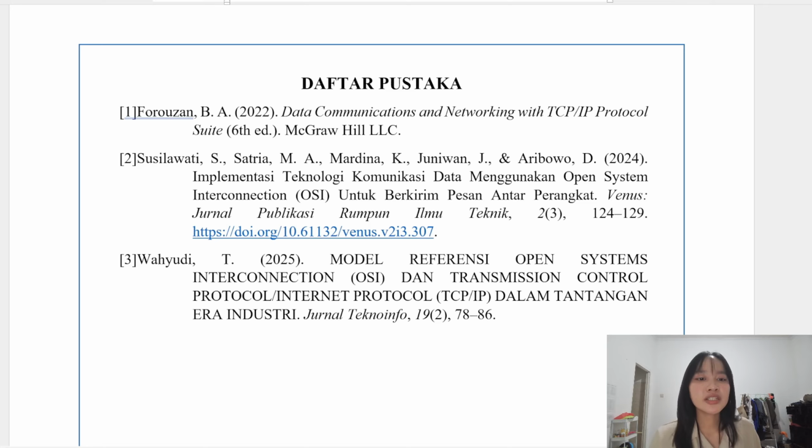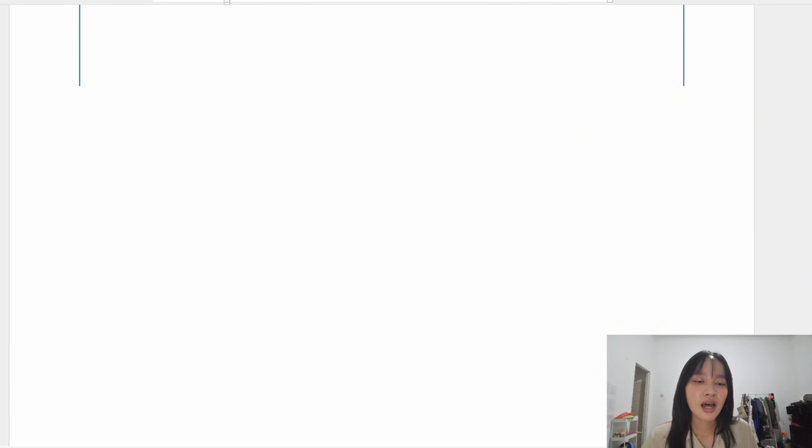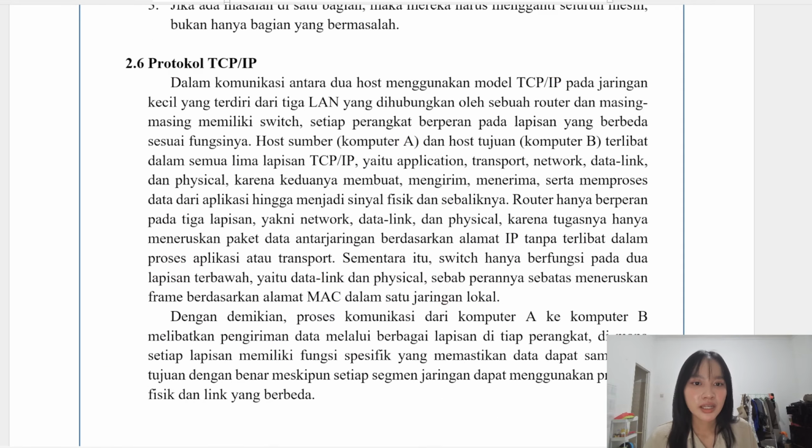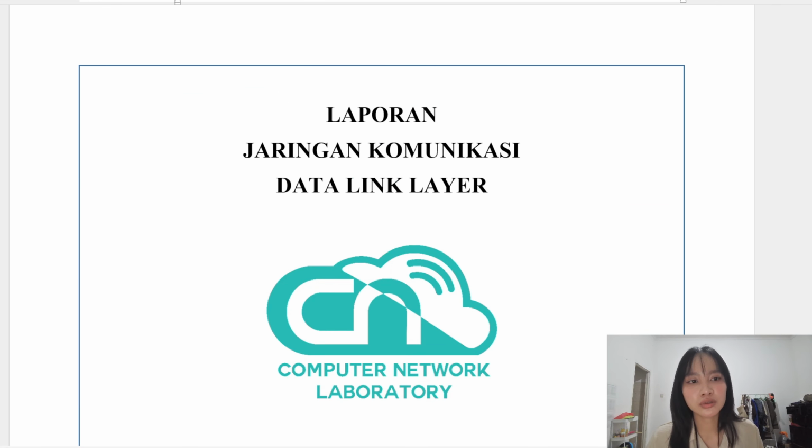And actually, the main reference is the first one, the book named Data Communications and Networking with TCP/IP Protocol Suite. And all of the images that appear in the theory module are actually from those books.